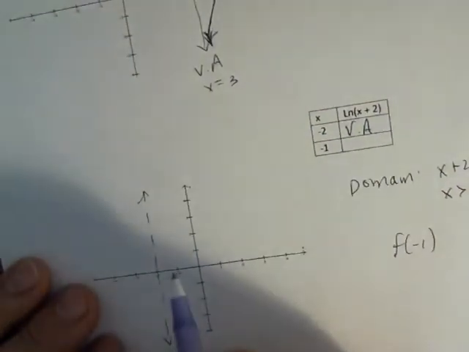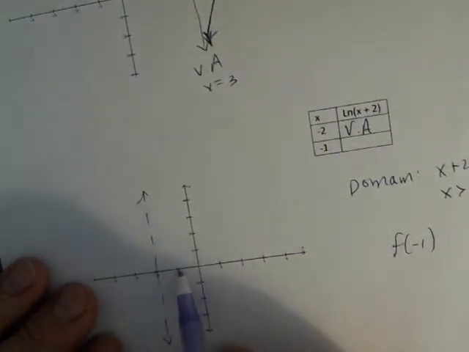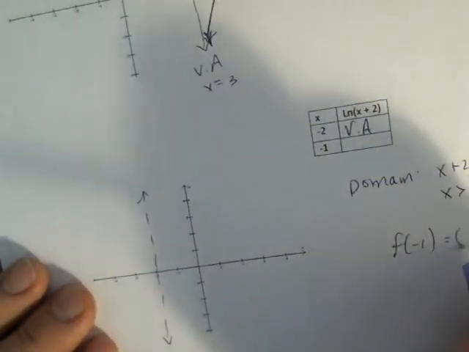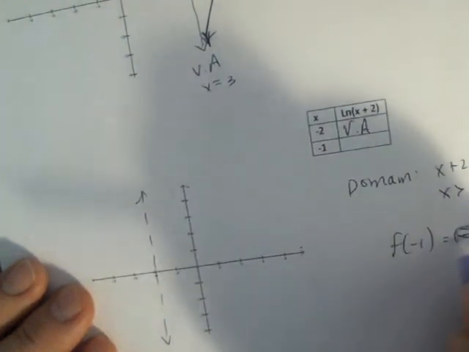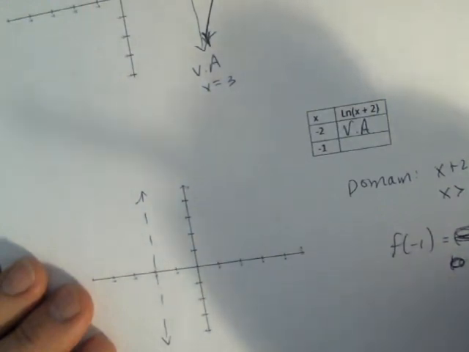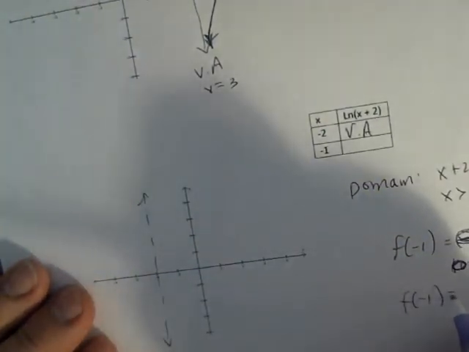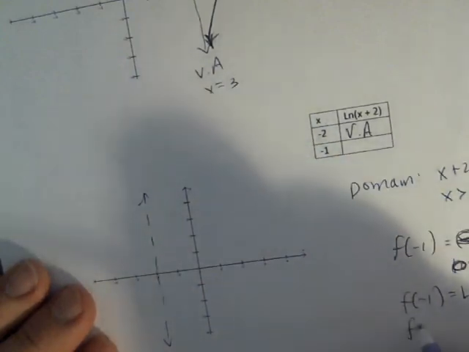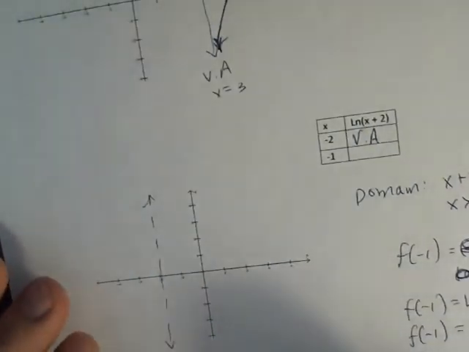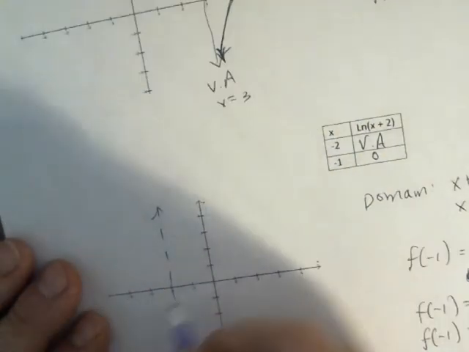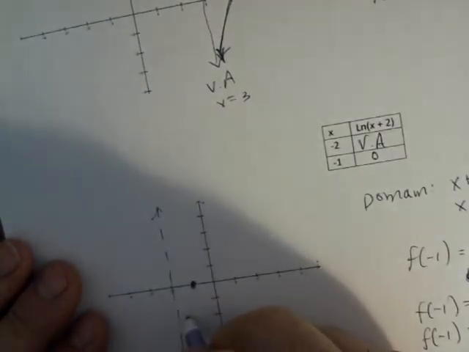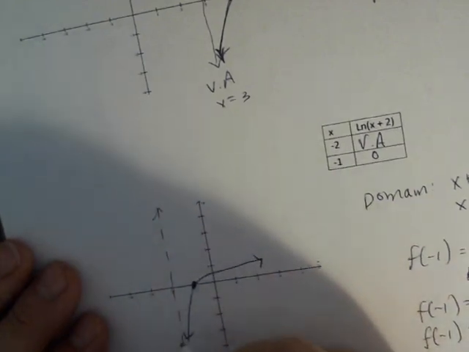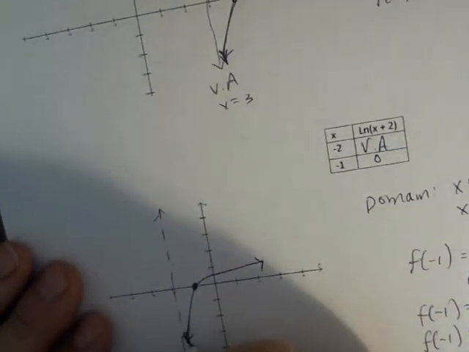Which means if I find 1 point, or again, shift my x-intercept left, it is natural log of negative 1 plus 2. So natural log 1, which is 0. Plot it and sketch it. Okay, and again, this borders that. Doesn't cross over. Okay, so that's graphing.